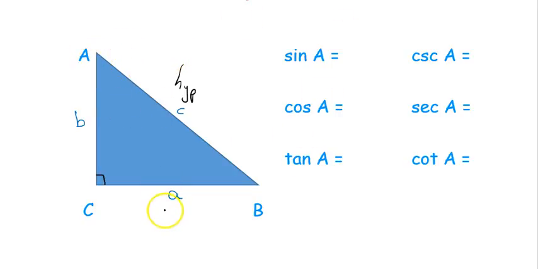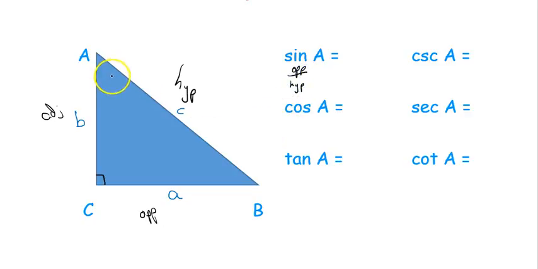That makes little a the opposite side because you can draw straight across to it. And that would make b adjacent because it would be next to that A. It actually makes up part of the side of A. You have to remember that sine is opposite over hypotenuse.